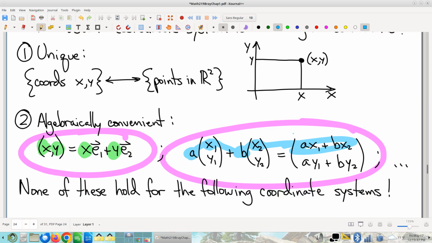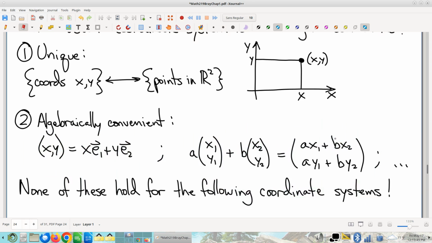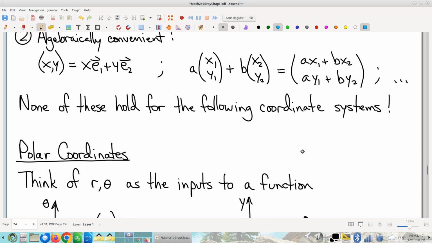You can do linear combinations of vectors by linear combinations of coordinates. We've been taking that for granted for a long time, at least all through your linear algebra classes. Again, that's a luxury. That only works in rectangular coordinates. It's just not true in other coordinate systems.